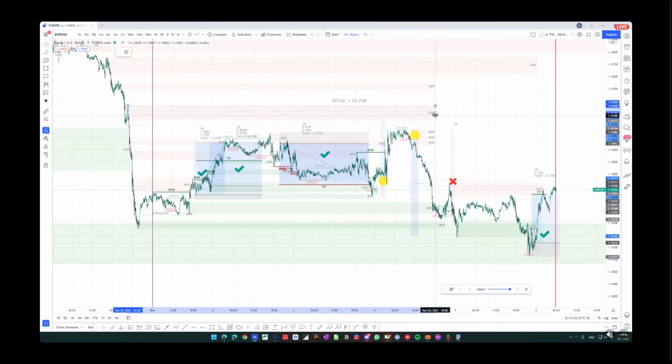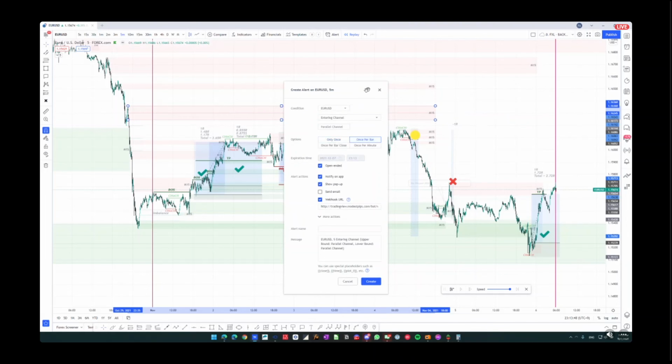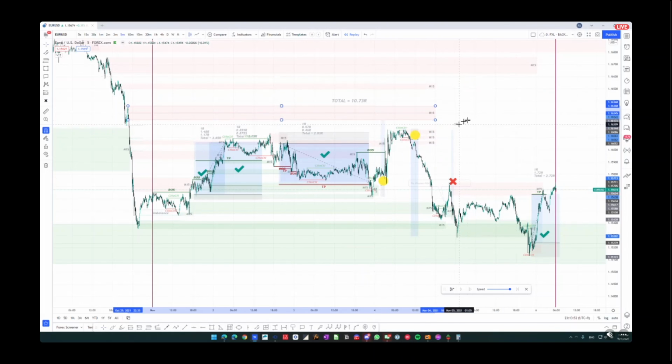And the great thing about using parallel zones as well as the rectangles is you can just add an alert so easy. So every time it goes to the parallel channel, the top or the bottom, an alert goes off. So it's really nice for alerts.